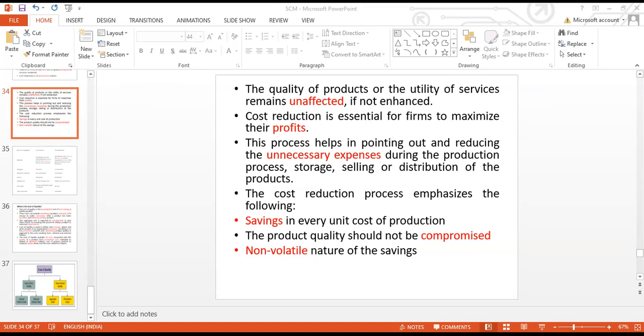तो ये drawbacks से क्या हुआ कि we were not generating profit day by day. Our product was not that competitive. There was a huge difference between my prices and my competitors' selling price. इसलिए क्या होता, I was not looking at what price my competitor is selling.